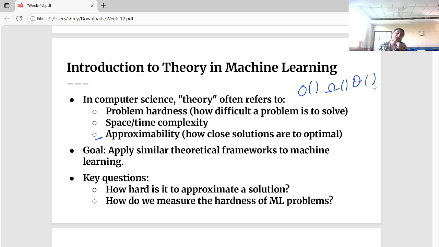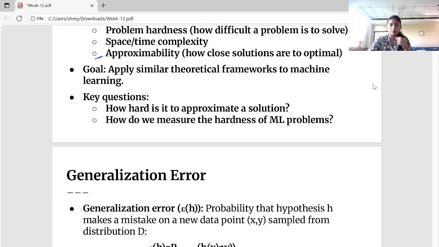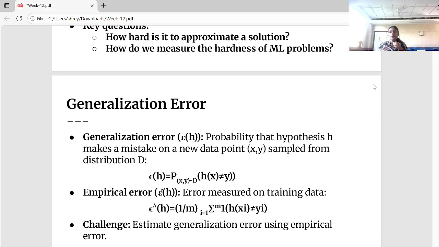But can we calculate the complexity for ML problems in the same way? We cannot. We are going to answer these key questions in our topic this week. First, we have to analyze that for these sorting and searching algorithms, we have a common solution out of that.